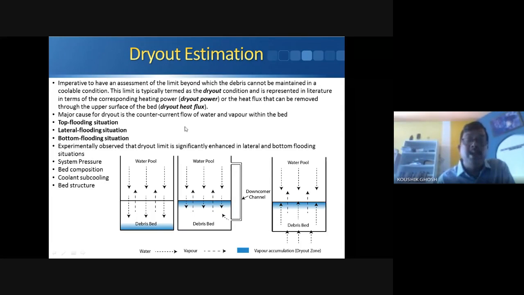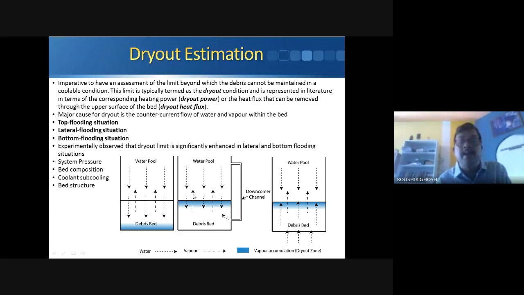What is dry out? Say this is the debris bed and there is a water pool, and the bed is generating heat. The vapor generated here, due to the action of the liquid and the heated bed, will try to move in the upward direction due to its lower density, and the liquid water, with higher density, will fall downward. So there is a counter current flow.